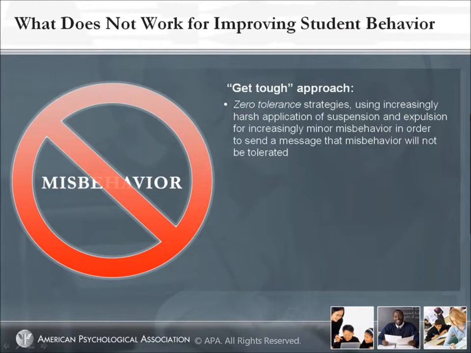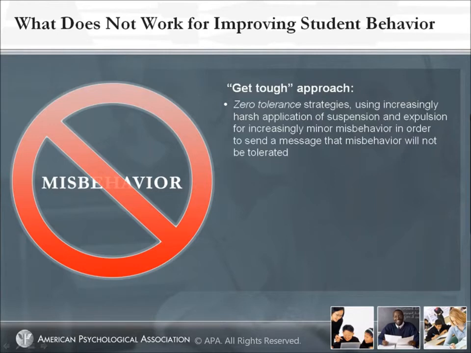Similarly, at the classroom level, a teacher may believe he or she can send a message to students by responding to misbehavior with harsh disciplinary tactics. For example, sarcasm, calling a student out in front of peers, or overuse of office referrals. Although such tactics may appear to work in the short term, in the long term they can backfire.